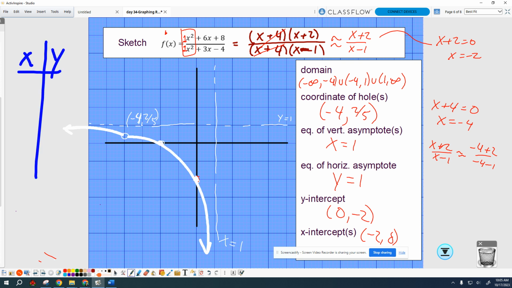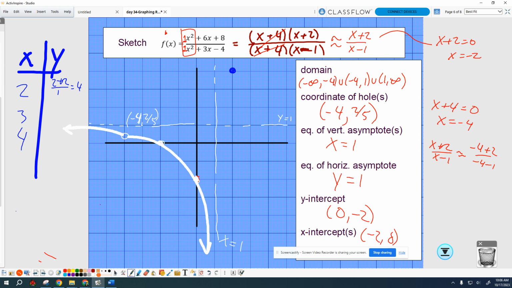What x values are good ones to choose? The vertical asymptote was x equals 1, so 2, 3, 4, something like that. Do I go to the original or can I use the leftovers? Leftovers. So 2 plus 2 over 2 minus 1 is 4, so the coordinate 2, 4.